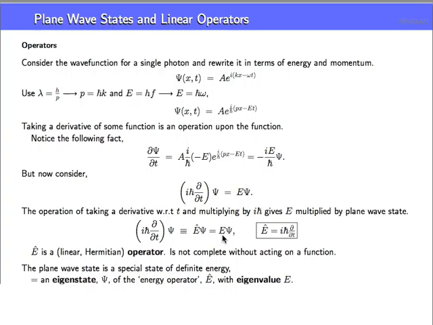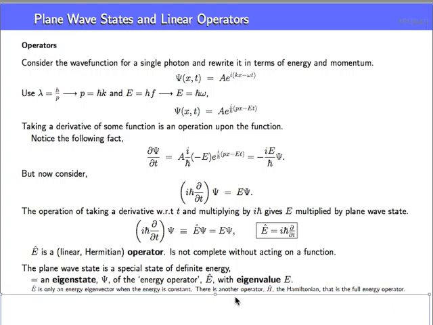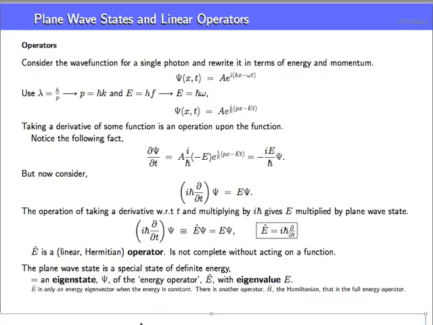If I had an operator, say x, that multiplied psi by x, that would not be an eigenfunction, because x times psi is not the same as psi, because x is the independent parameter here. Now we identified this with the energy of this particle, and I want to constrain that in a minute, so I'm not going to really call it the energy operator.